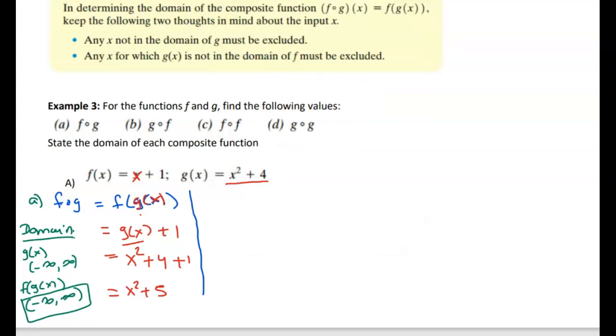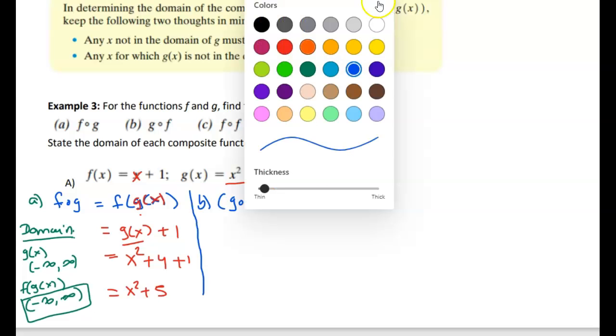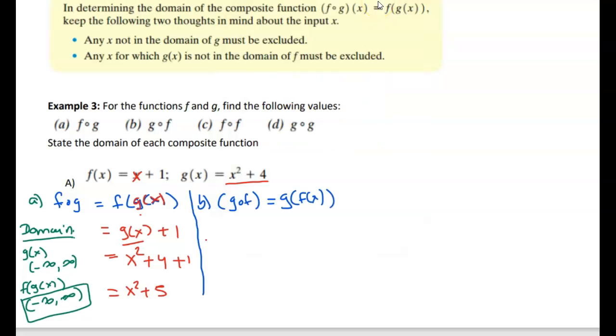Let's do part B. g of f of x is g of f of x. I'm going to plug f into g. Alright, so you go to your g, you see that it's x squared plus 4.